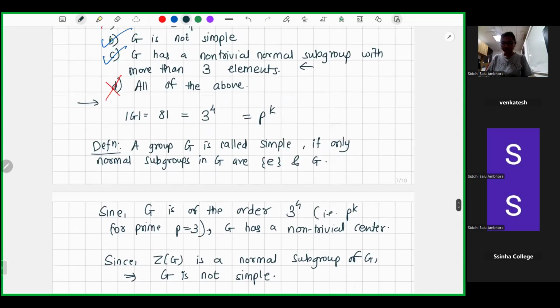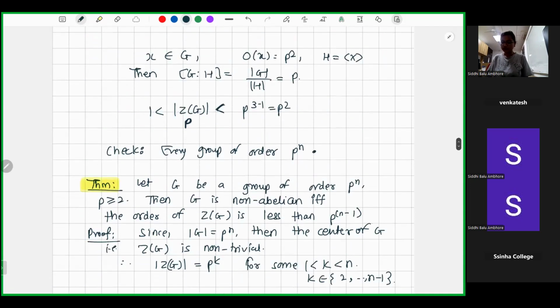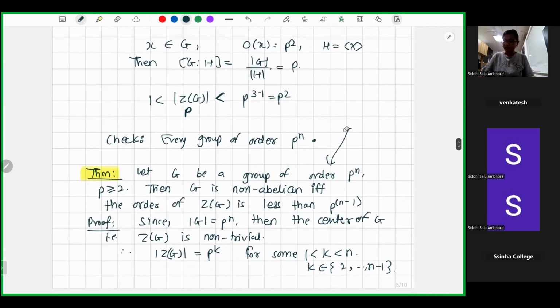And the theorem which we proved here earlier was an application of group actions, because in order to prove this theorem we actually went through the conjugacy action and so on. So is this okay?